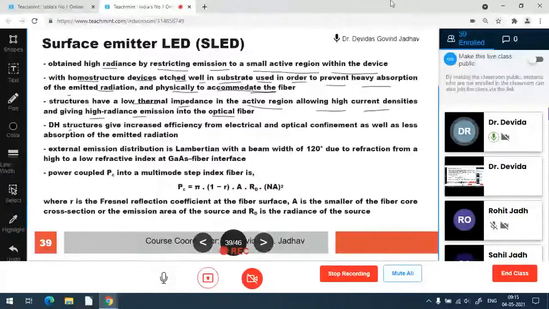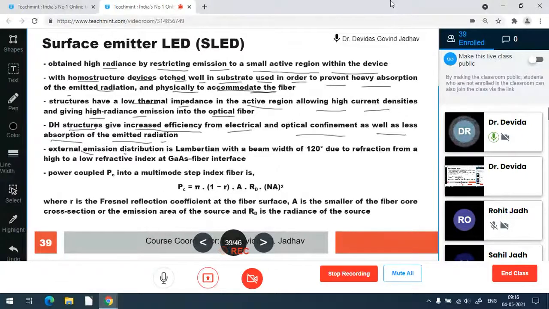Double heterostructures give increased efficiency from electrical and optical confinement, as well as less absorption of the emitted radiation. The active region is made very thin, and that provides the confinement and increases the efficiency.